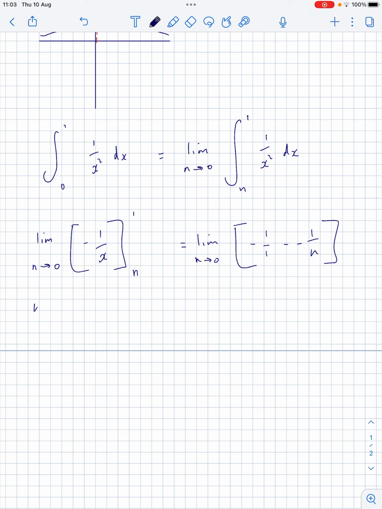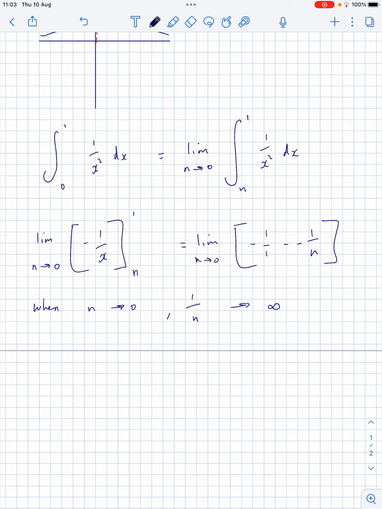So we're then going to say when n tends to 0, 1 over n tends to infinity. When you divide by a smaller and smaller thing, you get a larger and larger value, and that's what's happening here.